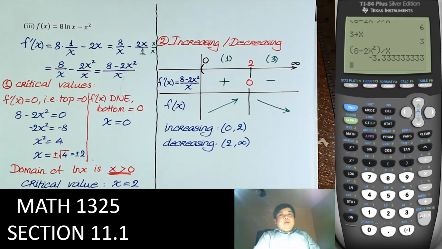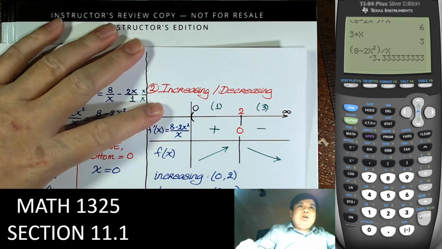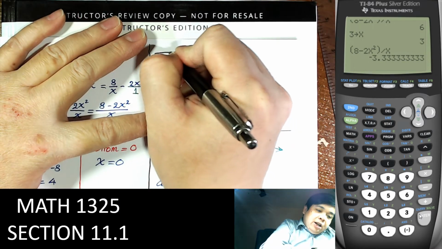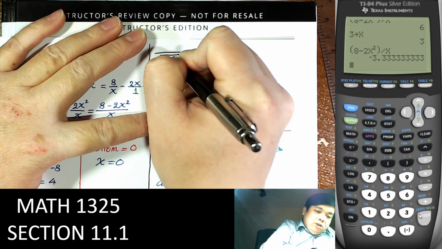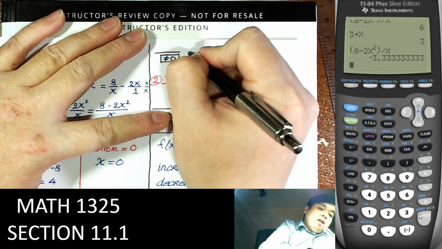Once again, be mindful of the domain. I'm just going to write the three things to watch out for. First, the denominator has to be not equal to 0, because dividing by 0 is undefined.